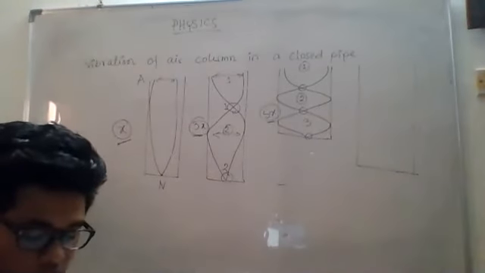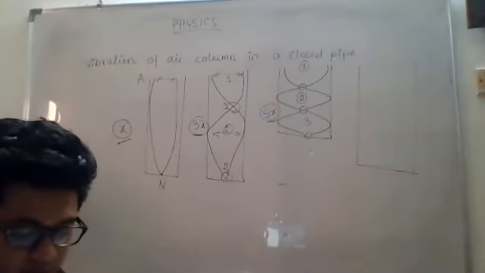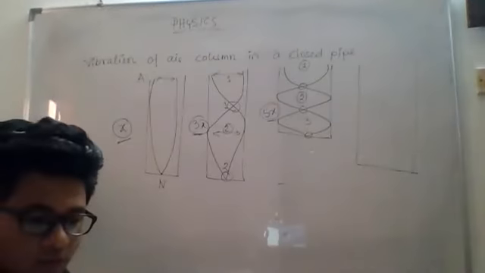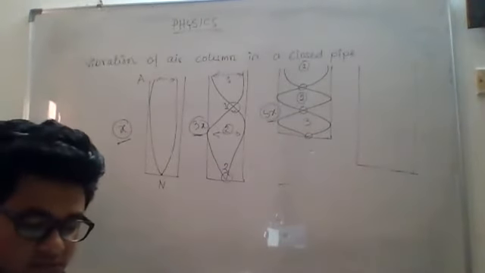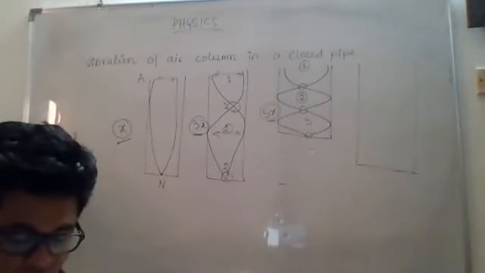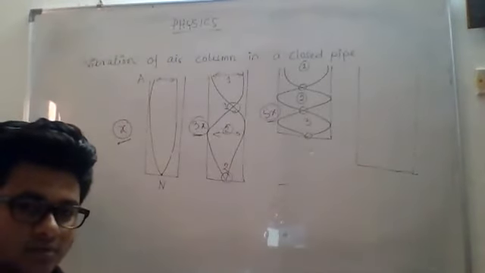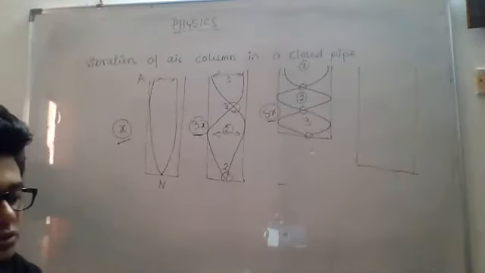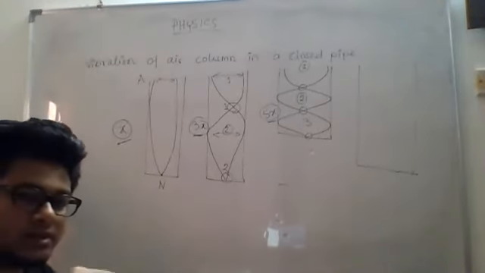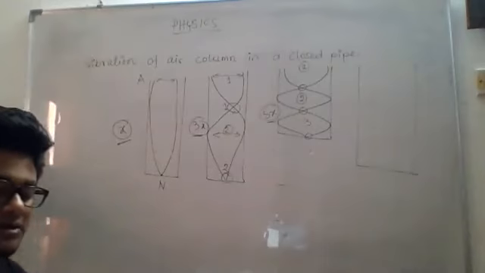Now let us try to go through the vibration of an air column in an open pipe. Okay, both ends are open, as you can see. So even though both ends are open, still there will be some reflection. Okay, why will there be some reflection? Because even though it is open, at the open end there is an air level, right? I will show you.